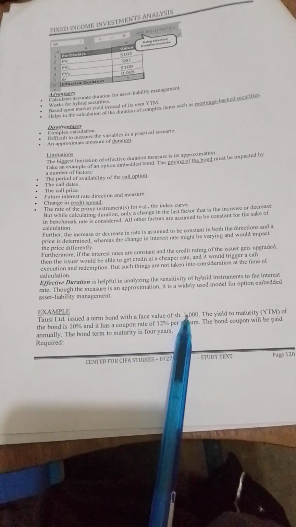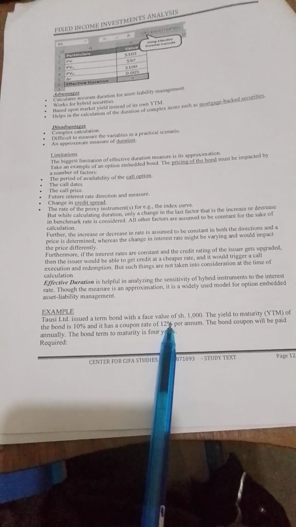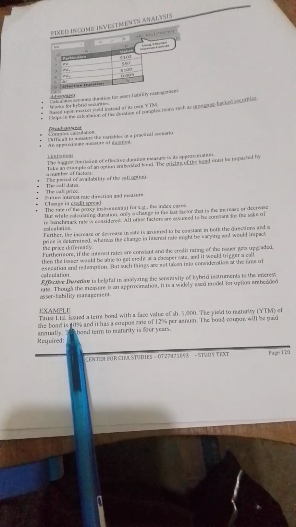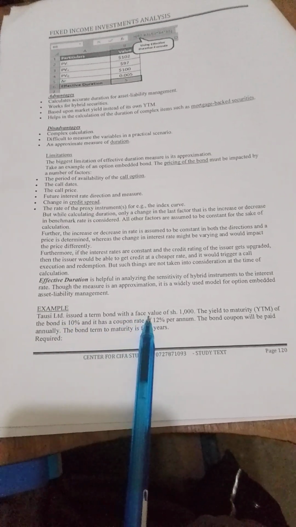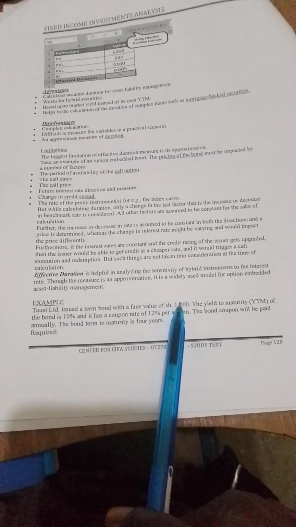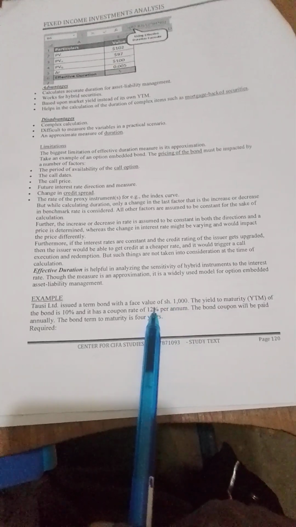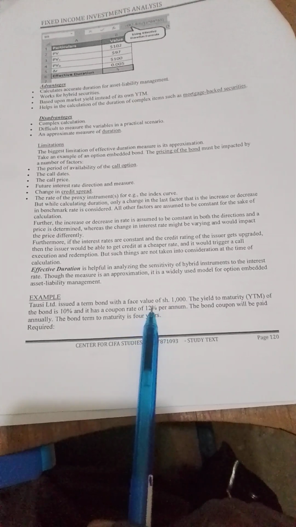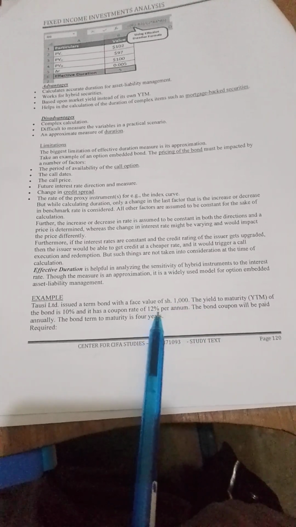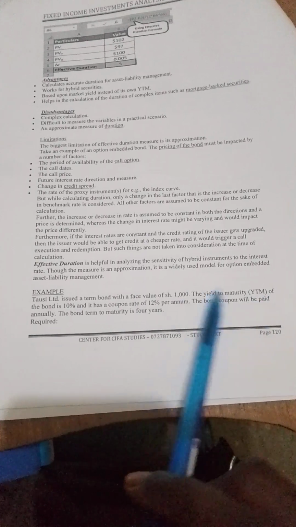Don't confuse the YTM and the coupon rate. To calculate the interest that we are paying, we multiply the coupon rate, 12% in our case, times 1,000. Then you divide by 1 plus the rate, where the rate is the YTM, the yield to maturity.